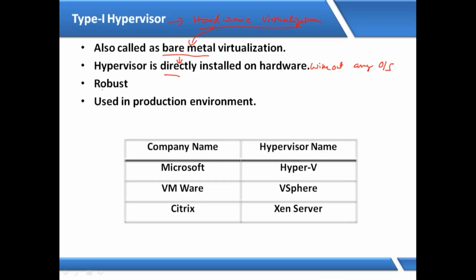So that type of virtualization is called hardware virtualization or bare metal. Performance wise, it is very robust, tough, and it is used in the live server, production server.